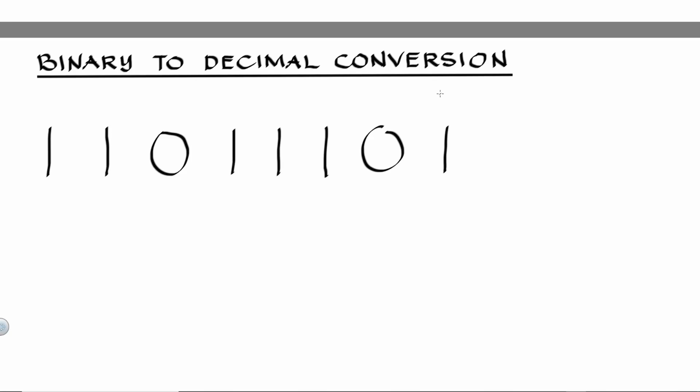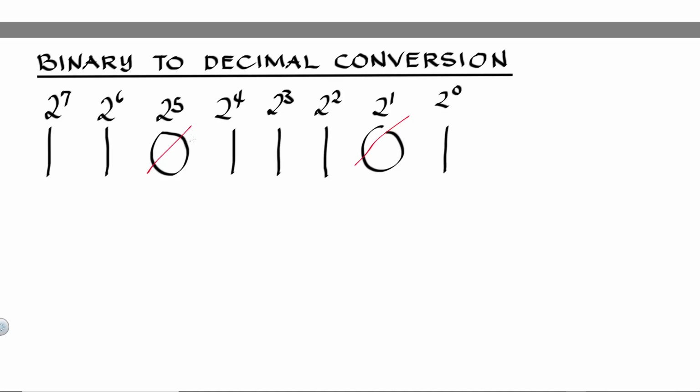The first digit is 2 raised to 0, then 2 raised to 1, 2 raised to 2, 2 raised to 3, 2 raised to 4, 2 raised to 5, 2 raised to 6, then 2 raised to 7. Next step is to cancel all 0 digits. Then multiply the remaining ones.